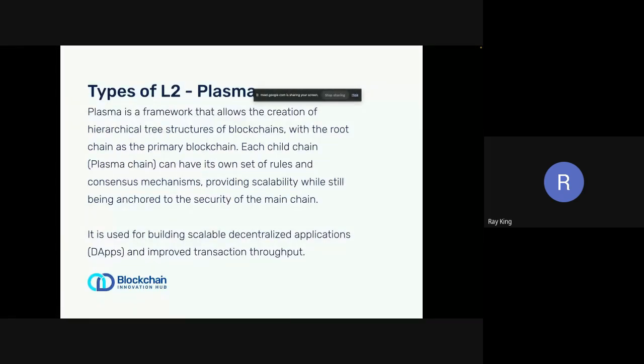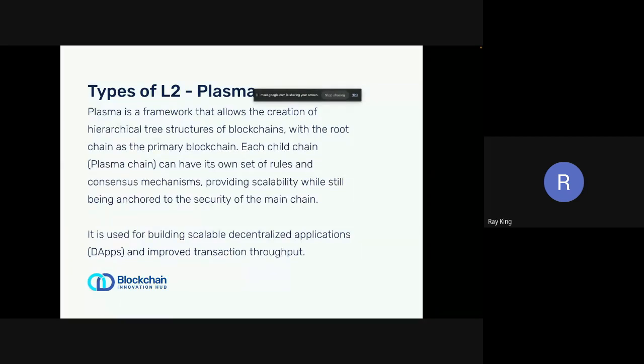It is used for building scalable decentralized applications and improved transaction throughput. So picture a tree in your mind to understand Plasma: the root is the primary blockchain, which is the layer 1 blockchain, and around it we have the child chains, known as plasma chains. Each plasma chain has its own set of rules.